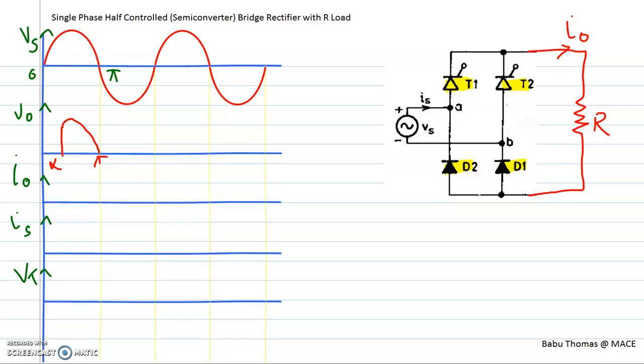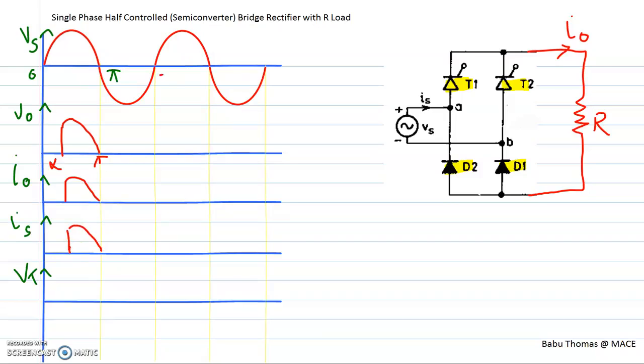During this period, the current will also follow the same convention as the voltage V0 because it's a resistive load. During that time, the source current Is is also flowing in the same direction as your I0, and therefore I can plot Is also like this.